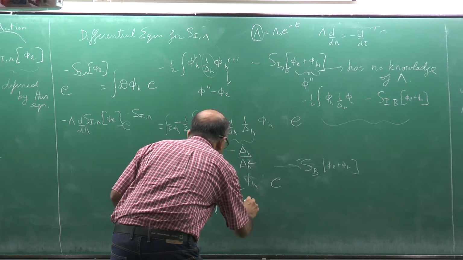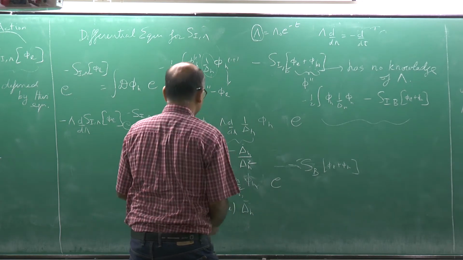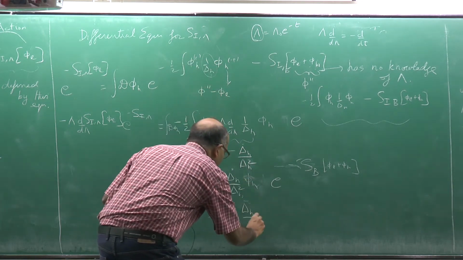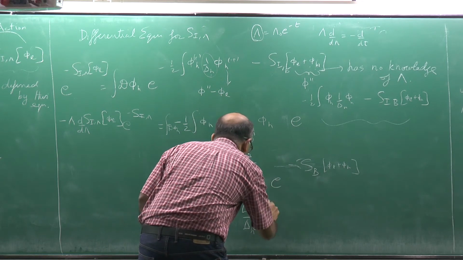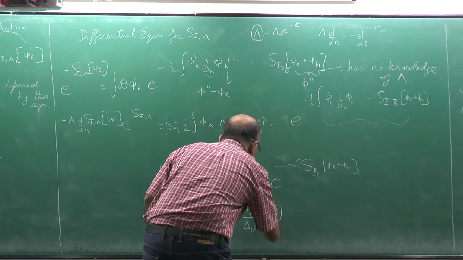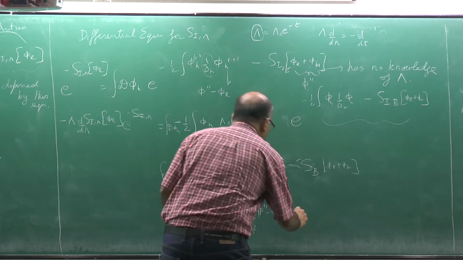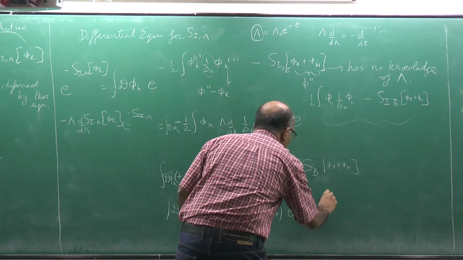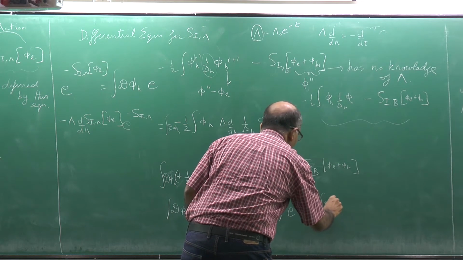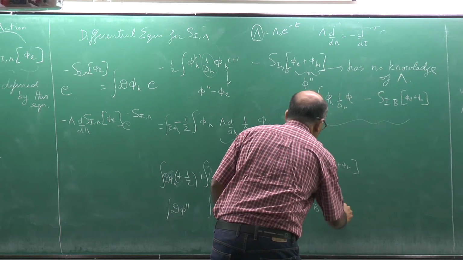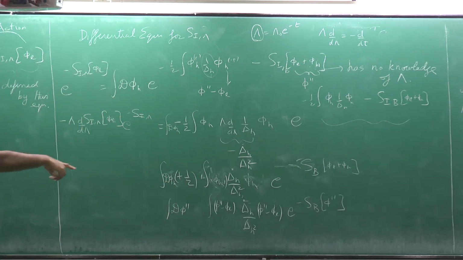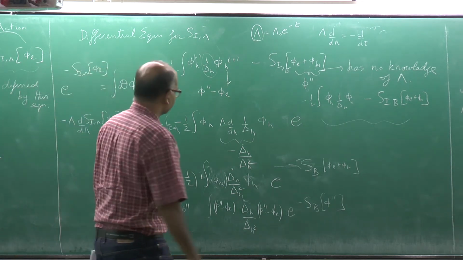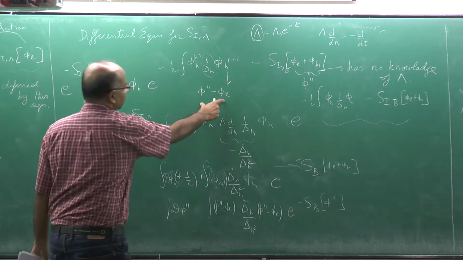This has a delta h dot. This has a delta h dot by delta h squared times, so I'm using the same notation now and writing it here. I didn't do that previously, but this is the same change of variables.